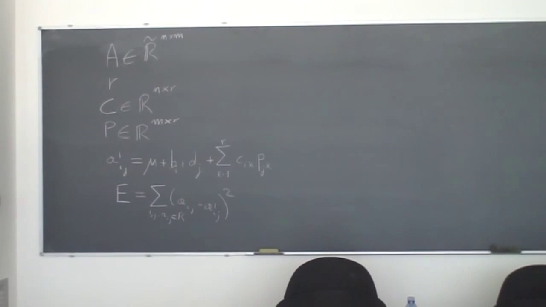So to do it, I have to compute the partial derivatives of the error with respect to the generic element that I want to control. And this is simply, well, not really simply. Okay, I need more space. Let's write it here.